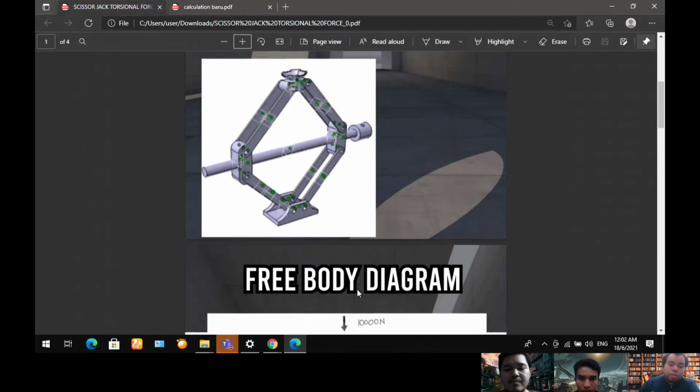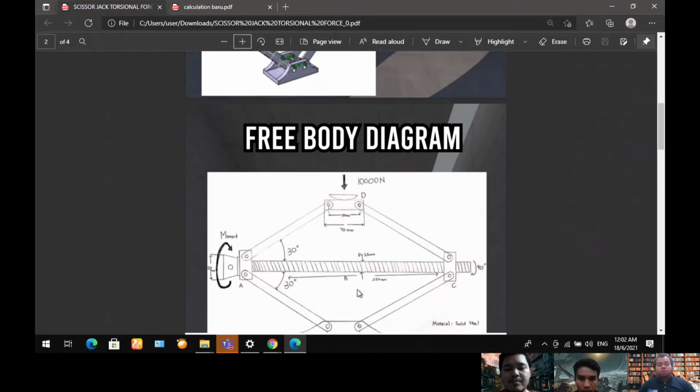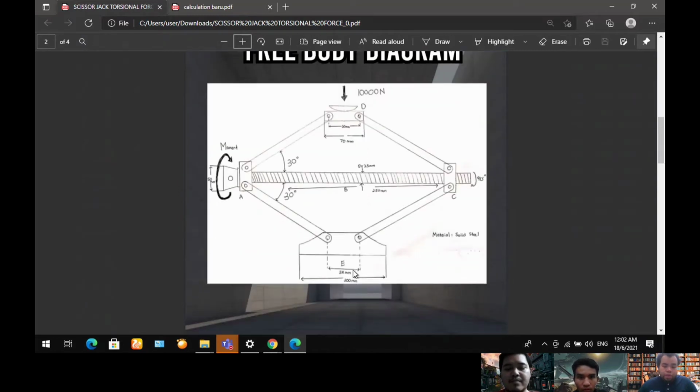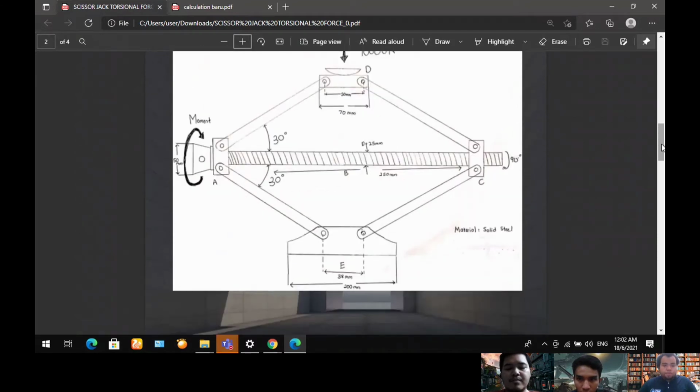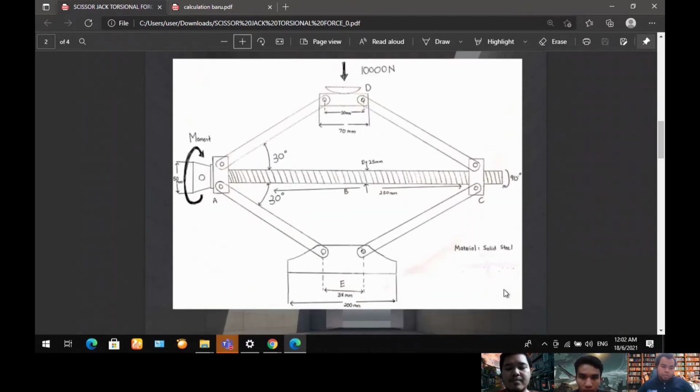Next, we move on to the second part, which is the free body diagram. Based on the free body diagram here, the scissor jack will be subjected to a force of 10,000 Newton, for example.